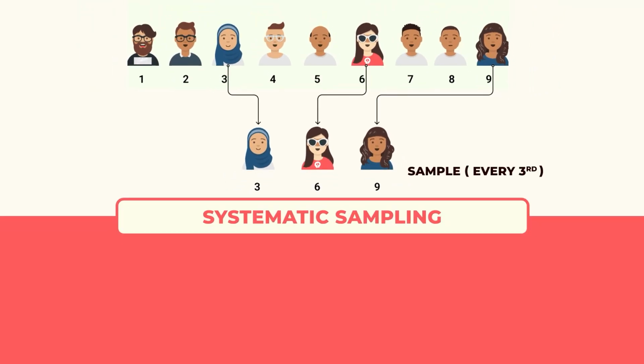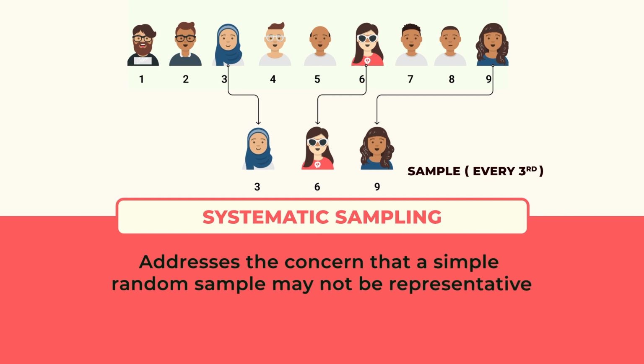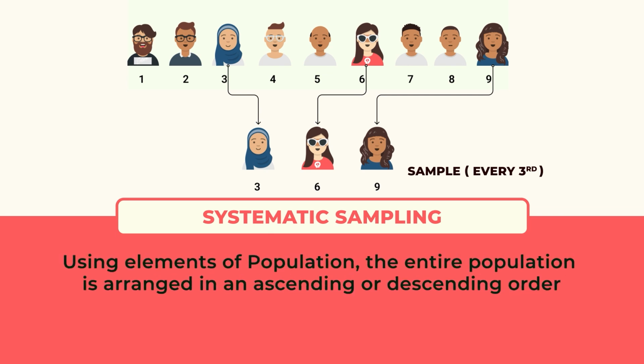The second method of probabilistic sampling is systematic sampling, which addresses the concern that a simple random sample may not be representative. So what we do here is that using the elements of the population, arrange the entire population either in an ascending or a descending order.